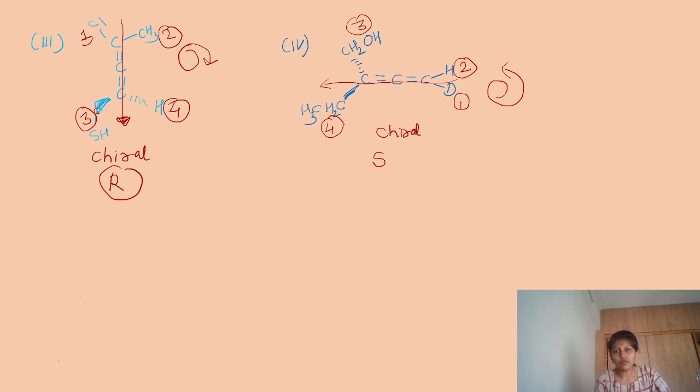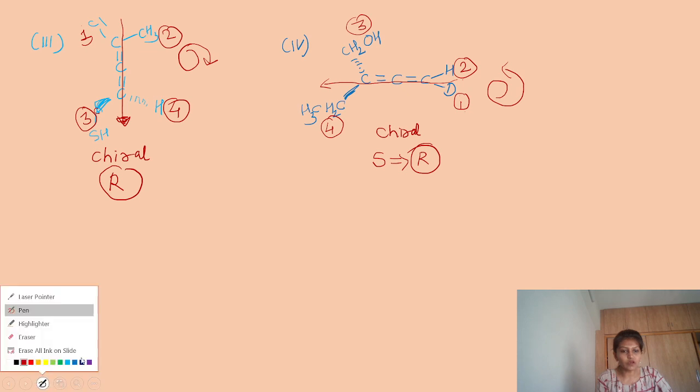Here the fourth group is not below the plane, it is above the plane. So R becomes S and S becomes R. So S becomes R. So its configuration is R. This way we can find out the R and S nomenclature in the allene system, right?